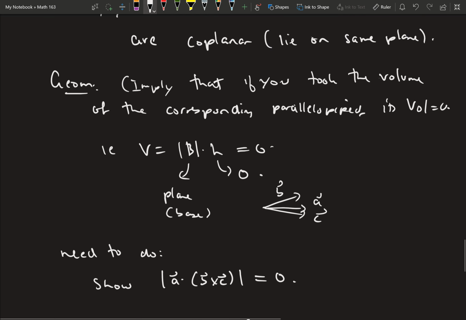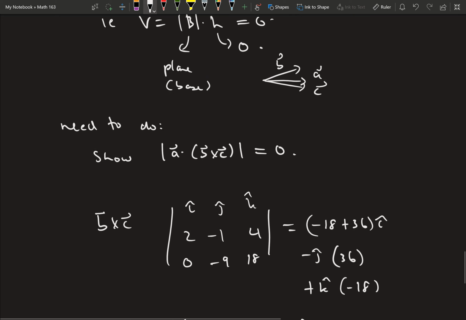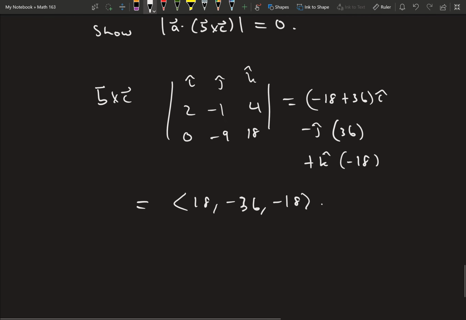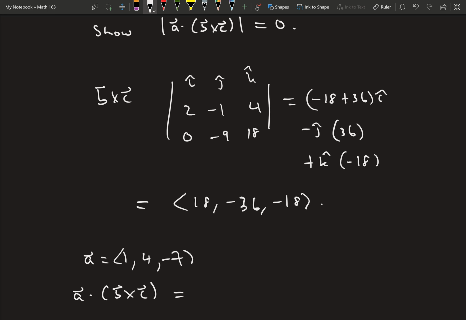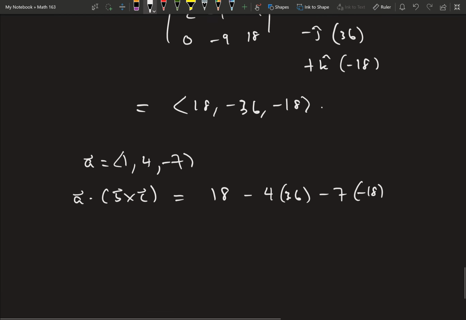And A was the vector 1, 4, negative 7. So we take the dot product, A dot B cross C. What do we get? 1 times 18 is 18. And then minus 4 times 36 minus 7 times minus 18. And let me do this by factorization.